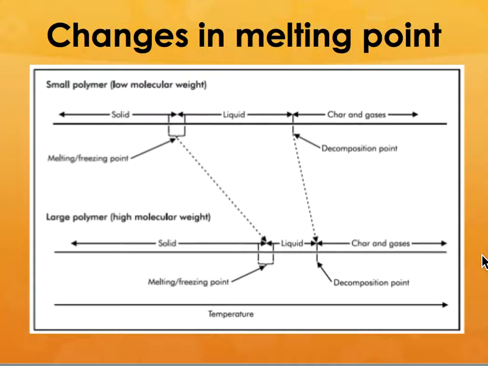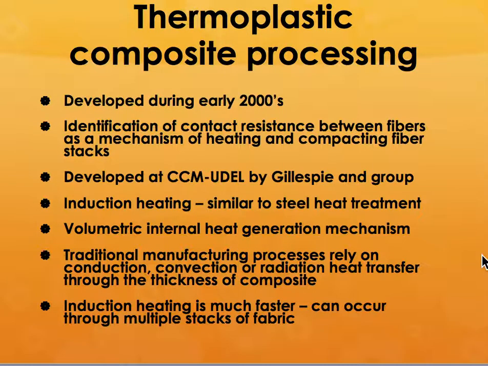Whether it is a low molecular weight or a high molecular weight, its melting point or freezing point will be different. The temperature up to which it is solid will be different, but the charring temperature and the decomposition point are very close to one another. So this is a schematic. It could be slightly different over a period of time.